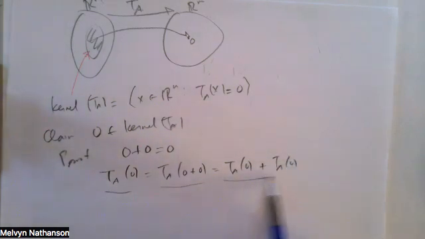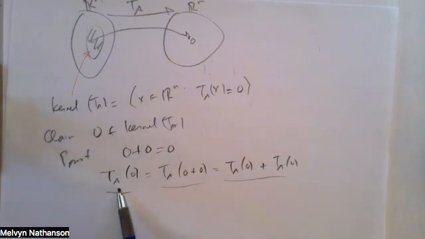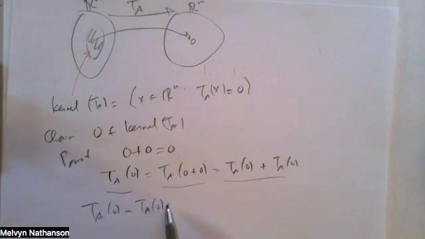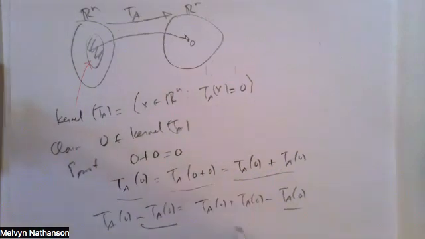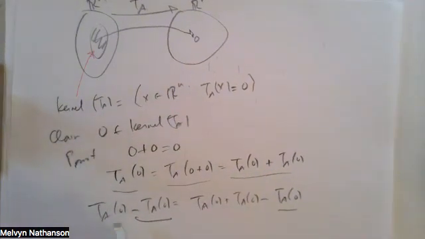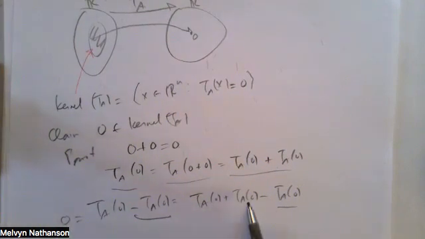So I have this equation. And I don't know what TA of 0 is yet, but it's a vector, so it has an additive inverse. So TA of 0 minus TA of 0 is TA of 0 plus TA of 0 minus TA of 0. I'm just subtracting this from both sides. But a vector minus itself is the 0 vector.